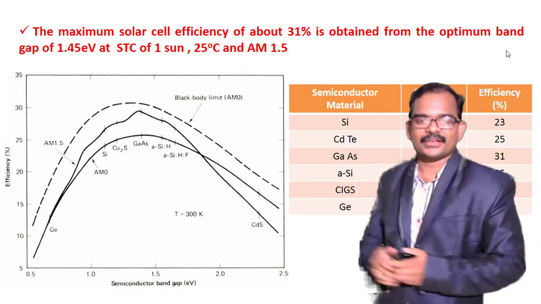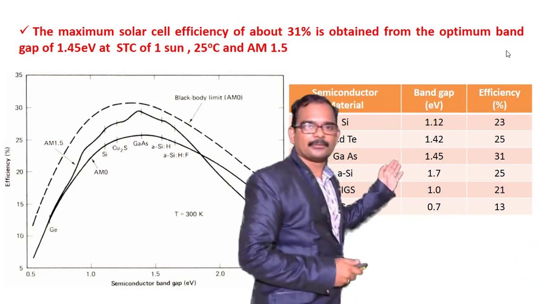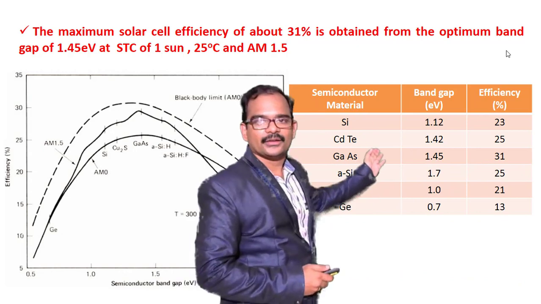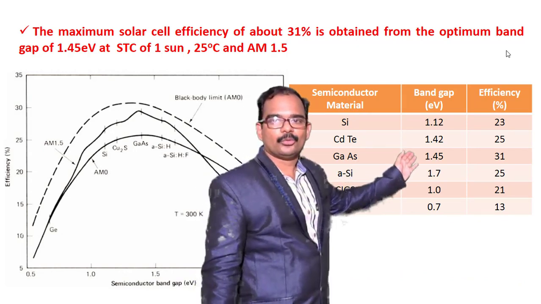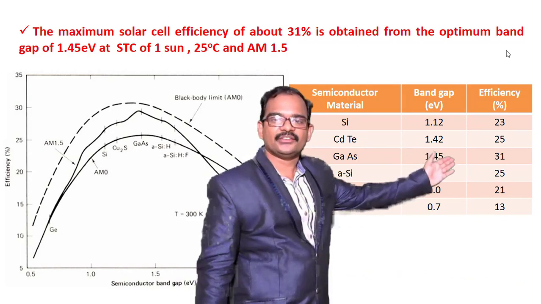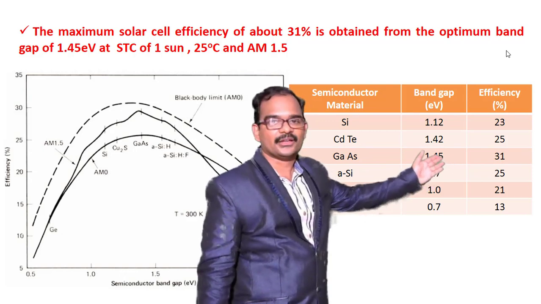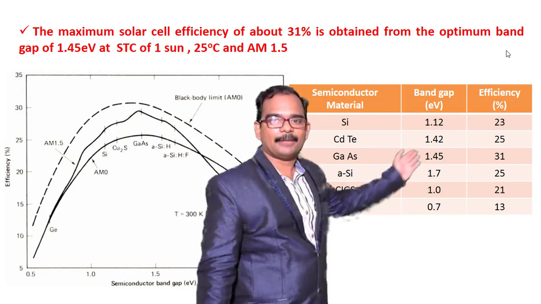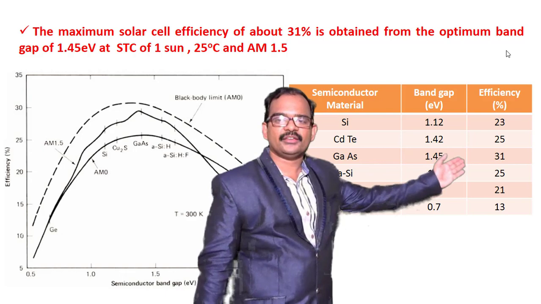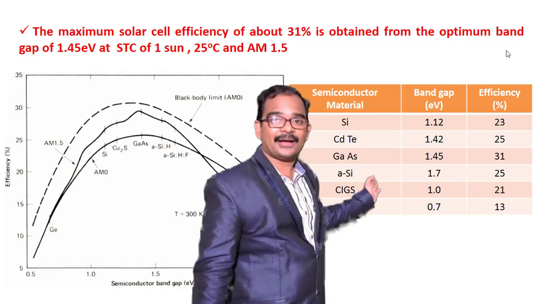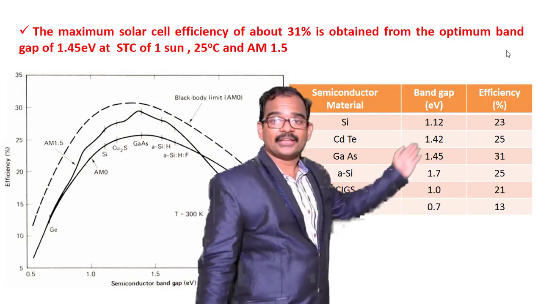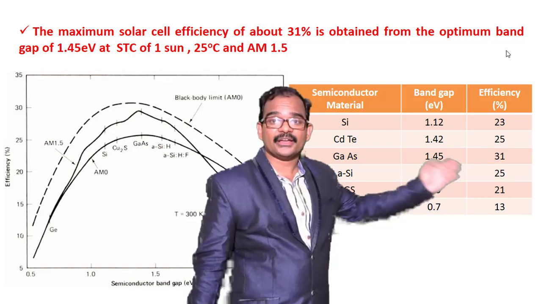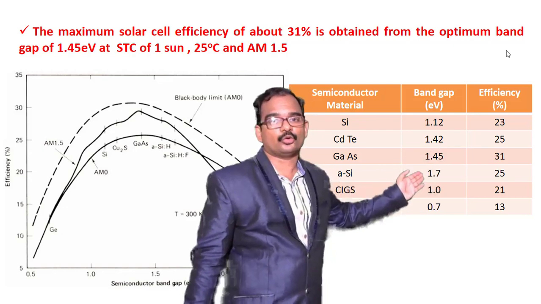You can see there are different semiconductor materials here. For silicon, the band gap is 1.12 electron volt, whereas the efficiency at this band gap is 23%. For cadmium telluride, the band gap is 1.42 and efficiency is 25%. For gallium arsenide, the efficiency is 31% at 1.45 electron volts.